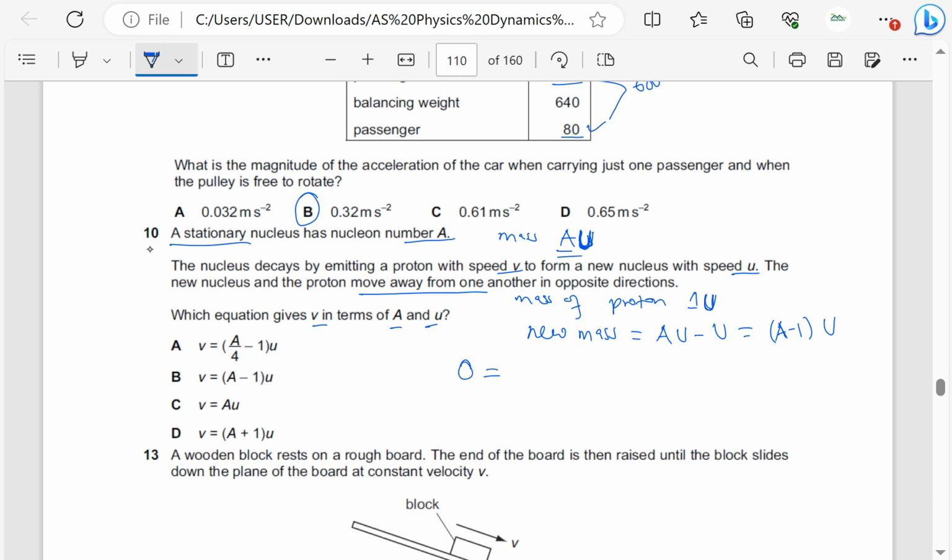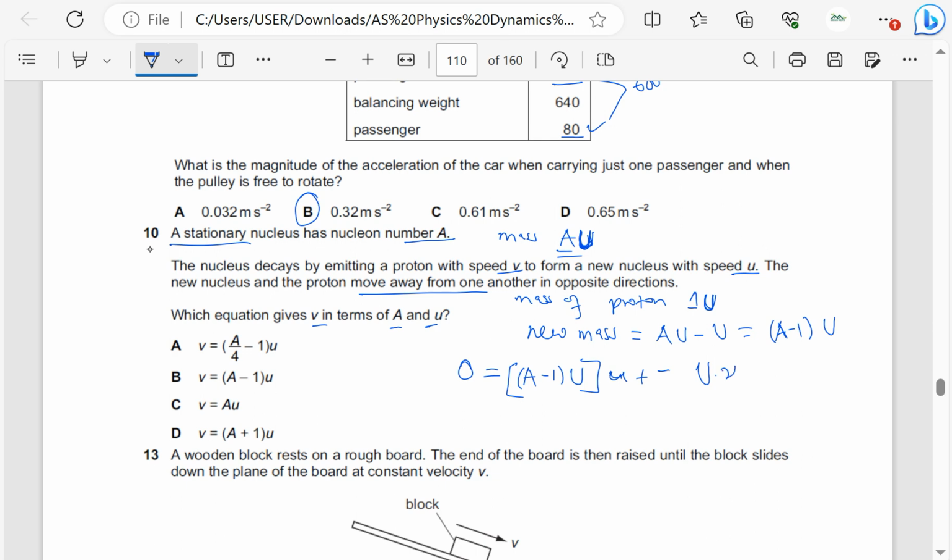Total momentum after, it will be the new mass which remains, that is A minus 1 times the unified atomic mass unit, then times the speed of the new nucleus, which is going to be times smaller u, and then plus negative because they move in opposite directions. The proton has mass capital U times its speed. The speed of the proton is v.